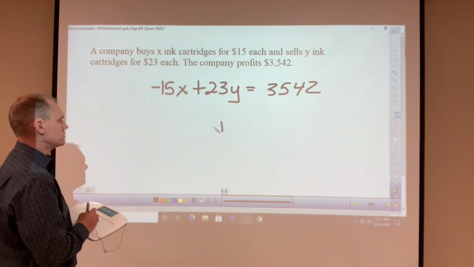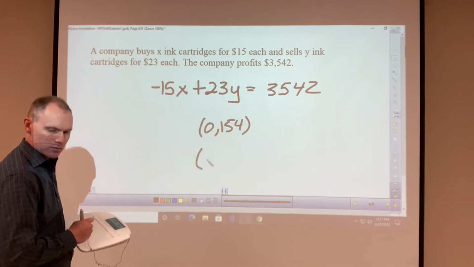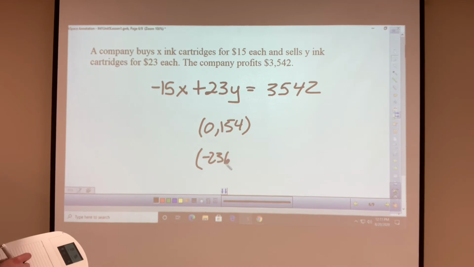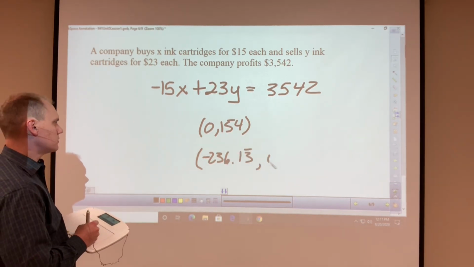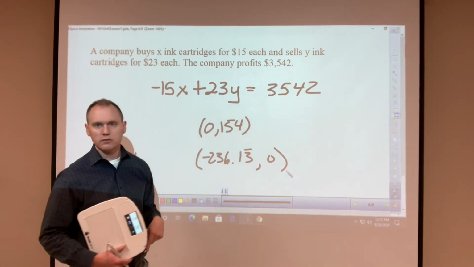So the Y-intercept is (0, 154). And like I said a minute ago, the X-intercept is approximately negative 236.33 repeating, comma, 0. So we have a negative X-intercept and a positive Y-intercept.